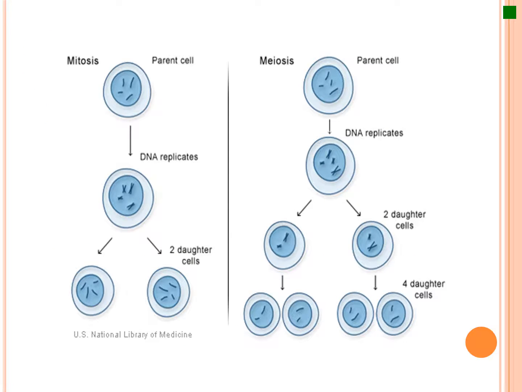Once again, this diagram is on page 47 of your book. Here is asexual reproduction, and this is sexual reproduction, where meiosis happens.